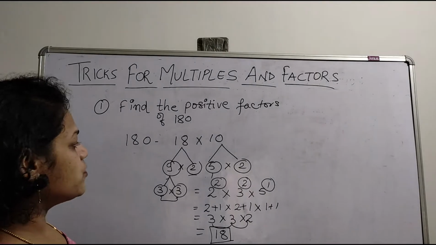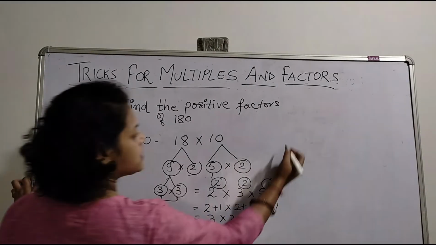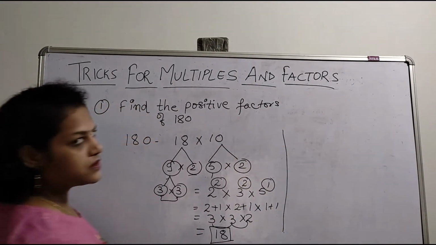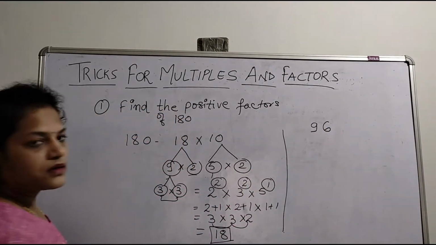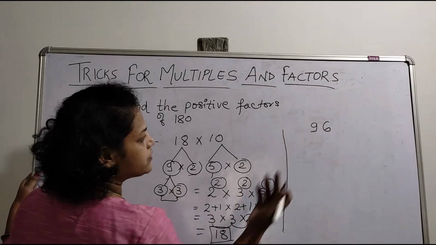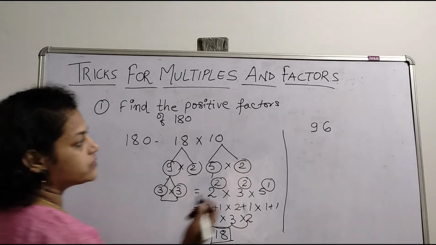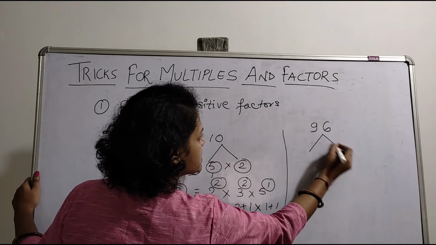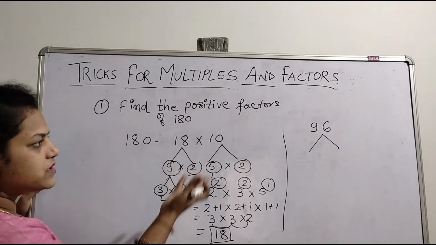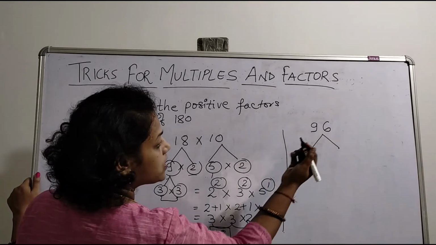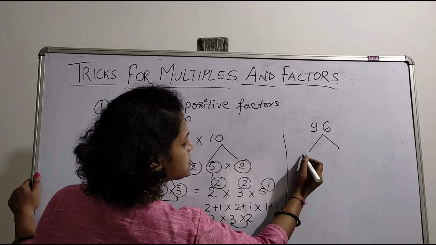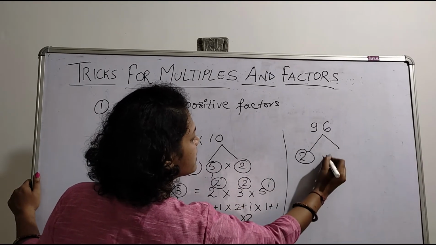We will see more examples. Let us take one more example, say 96. Here I am using the tree method; you can use any other method also. I can split 96 as 2 multiplied by 48.